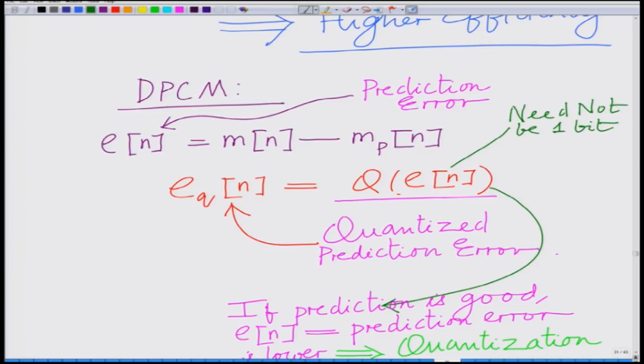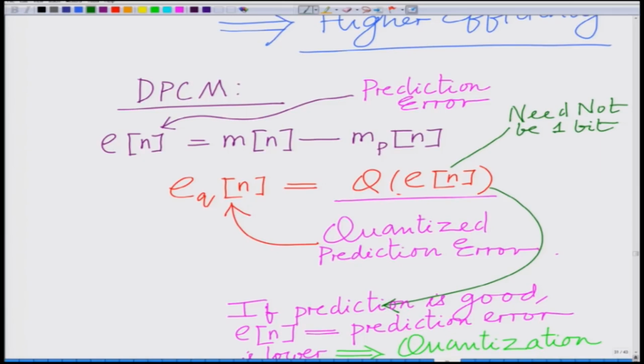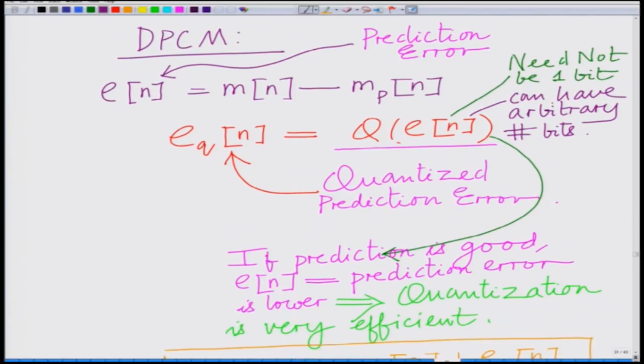However, in DPCM it can be an arbitrary number of bits. Of course, the larger the number of bits, the better the quantization, the better the reconstruction or better the quality. So, this Q can have an arbitrary number of bits.